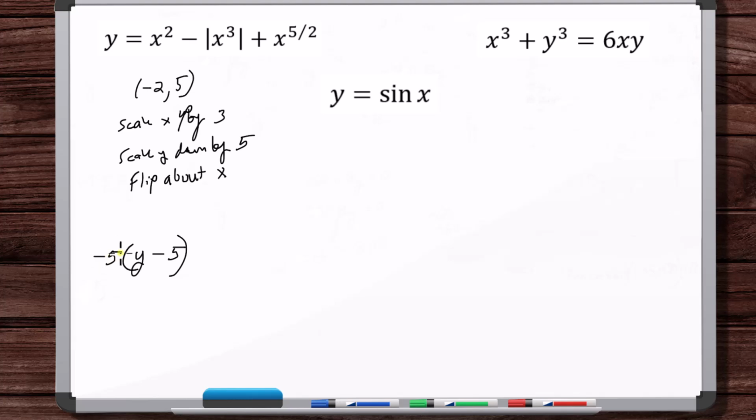We're scaling down by 5, and then the minus sign goes, if you want to flip about the x, you apply the minus sign to the y. Okay, now for x, we are shifting by 2 in the negative direction, and then we want to apply a scale up by 3, so 1/3, squared, and then just do the same thing to each of these x variables.